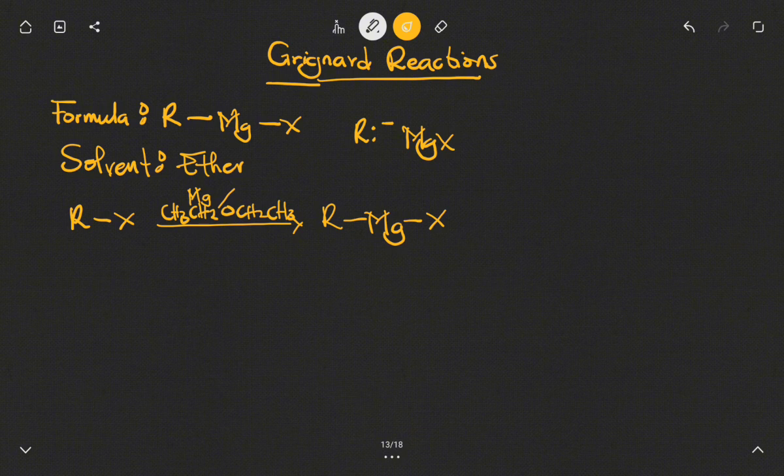So what happened is we have the magnesium inserting itself between the R and the X.